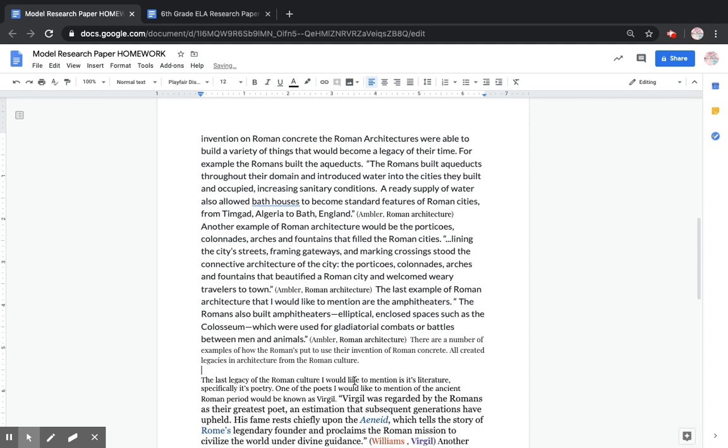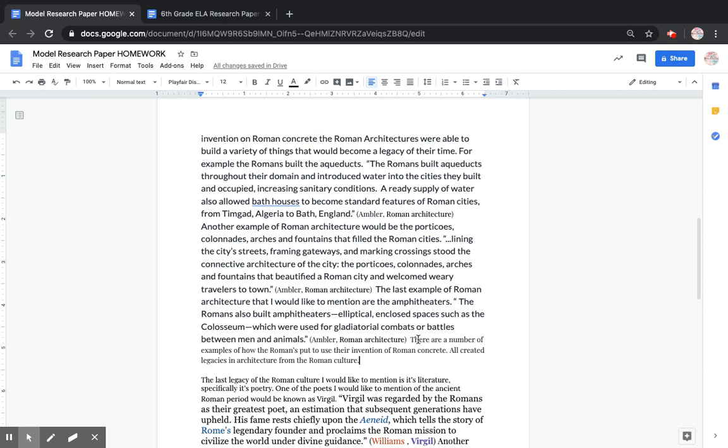So this one doesn't introduce it, but there's multiple different ways, honestly, that you can write a conclusion sentence. The first one, I did as a way to introduce my next one. But because my first sentence here talks about how the last legacy of the Roman culture I would like to mention is literature, I can just go ahead and end my thought with architecture and put two sentences here. Sometimes you might do one sentence that's really good that just ends your thought perfectly after a quote, but sometimes you need a couple other sentences to really wrap up what you want your readers to gather.